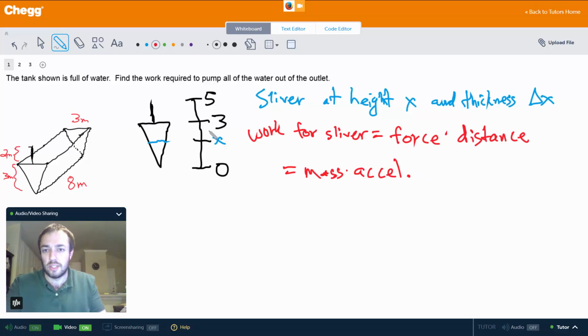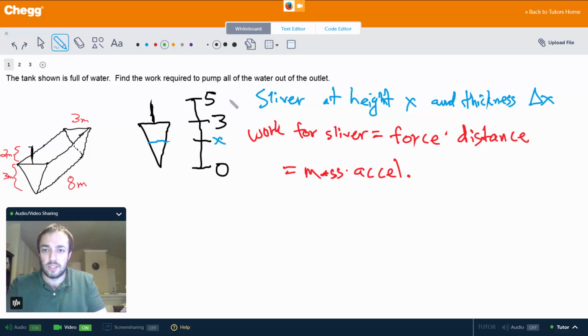What's the distance? The distance is how far the sliver has to move to get out of the tank. The top of the tank is at 3, but the sliver has to be pumped through the top of the spout, so it has to move all the way up to the top of the spout.